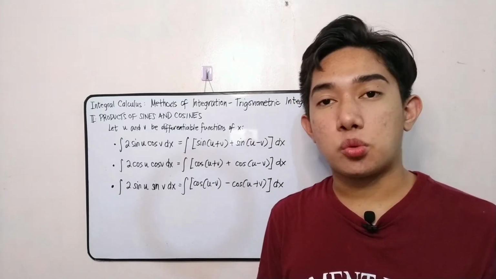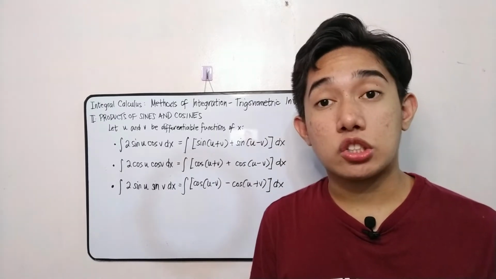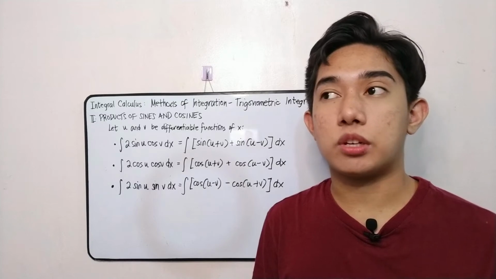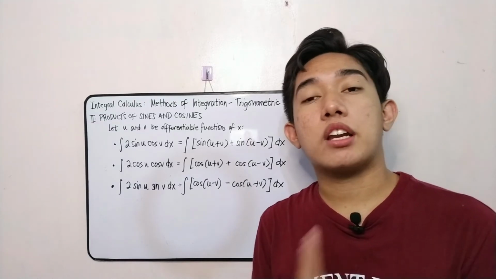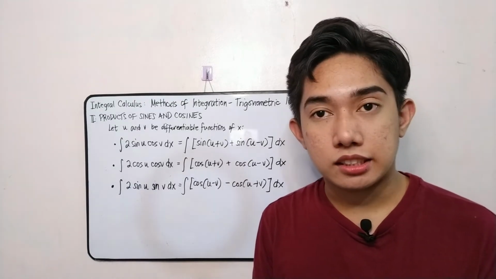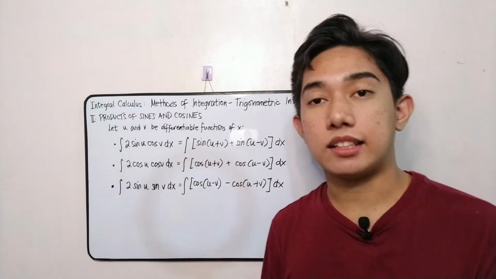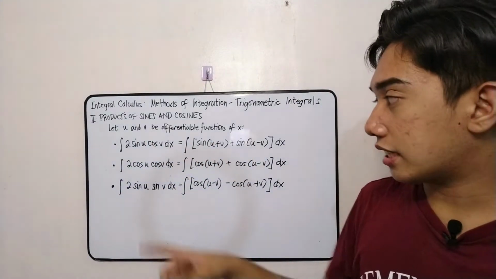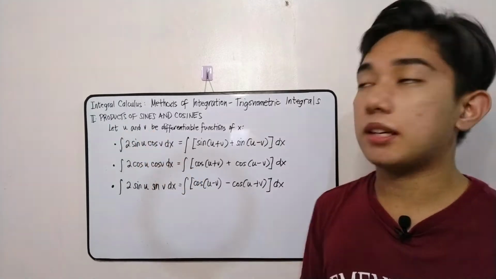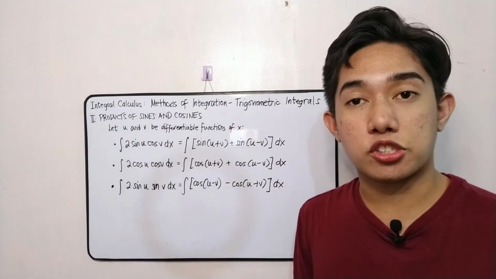For this case, we need to recall our pre-calculus lessons, in which we usually deal with the product to sum identities. Here they are, guys. Let u and v be differentiable functions of x.